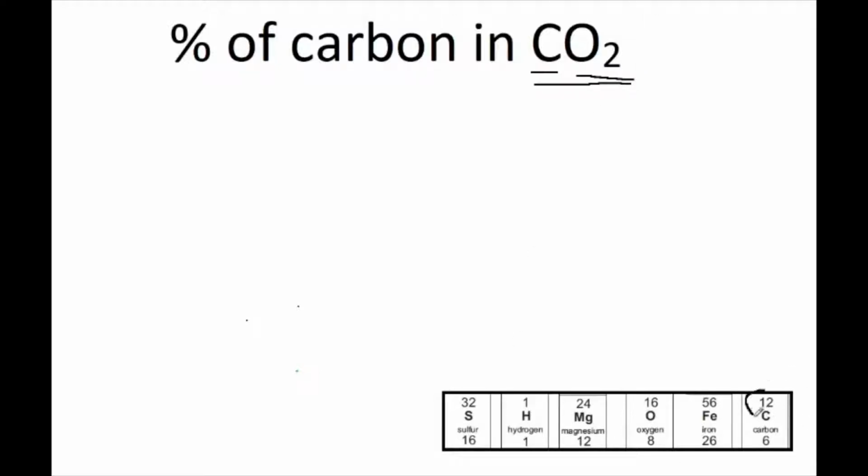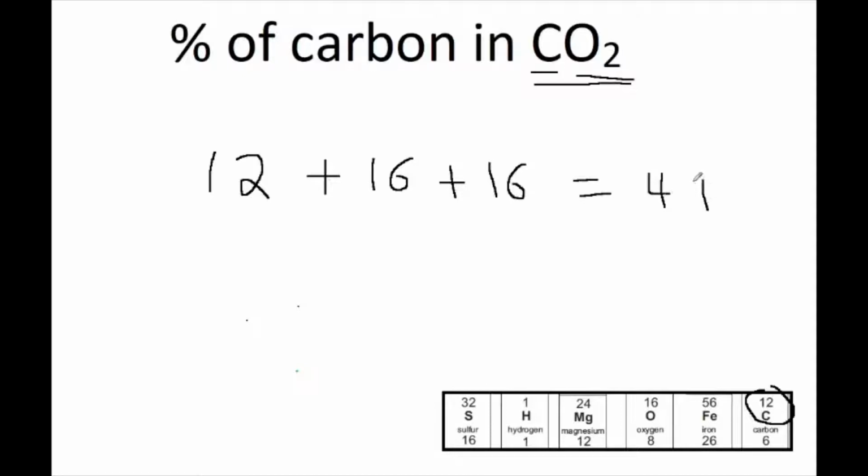Carbon's got a mass of 12, so I'm going to write this down, and each oxygen atom has got a mass of 16, but we've got 2, so I'm going to do 16 twice. We're just simply going to add up all these numbers and we're going to end up with our relative formula mass of 44. So that's the first step.